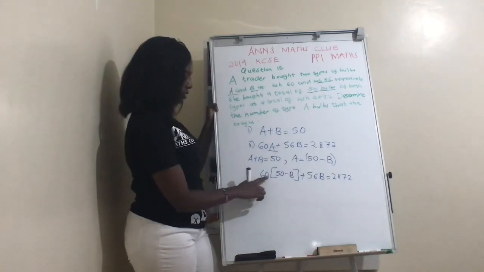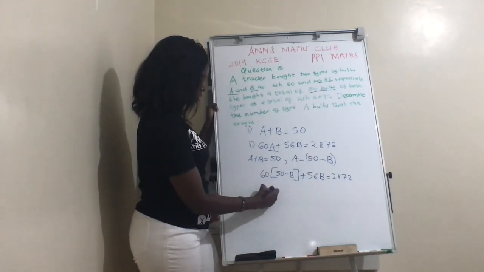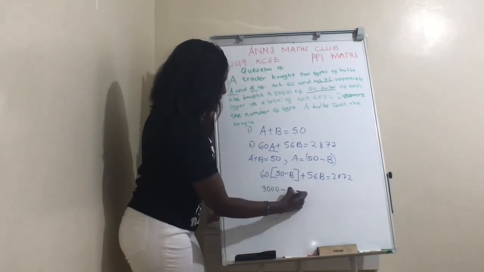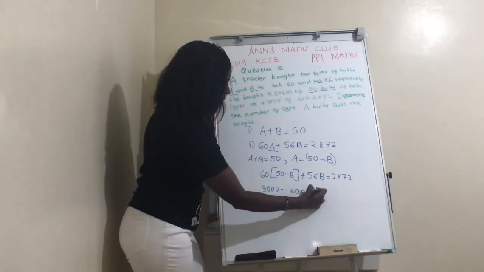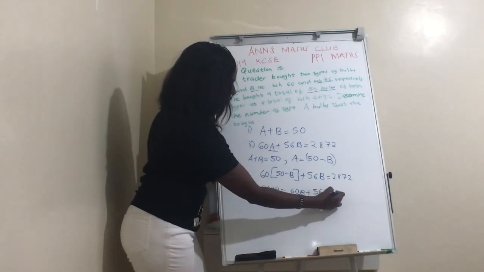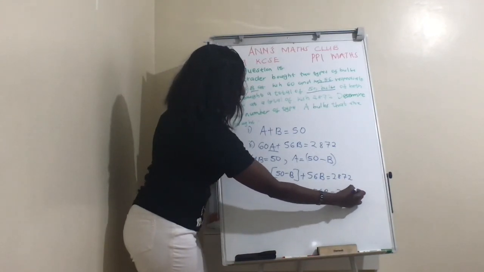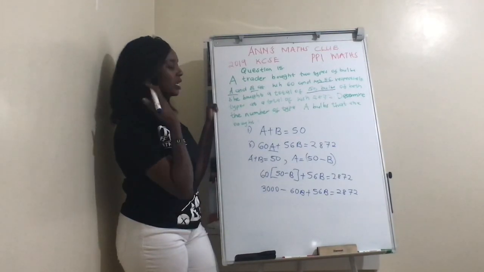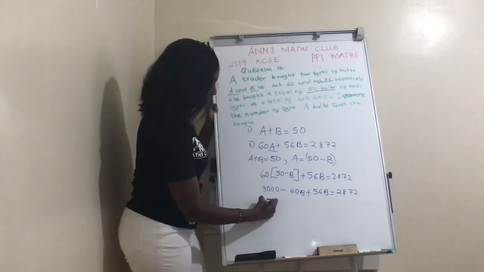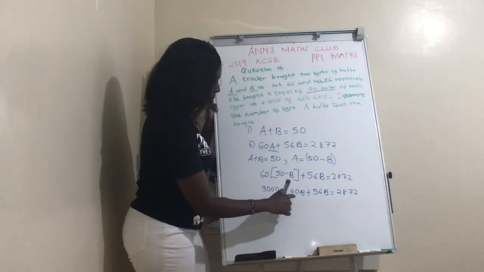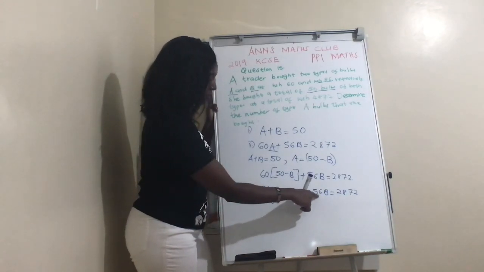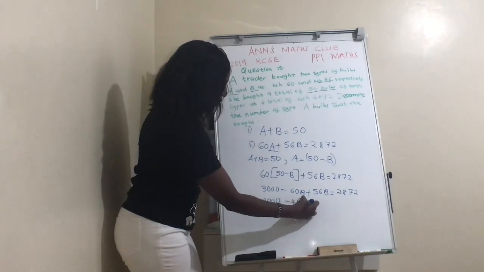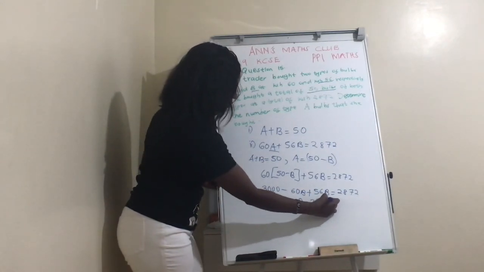So 60 times 50 gives us 3,000, minus 60 times B, 60B, plus 56B is equal to 2872. As you can see now, we can collect and put the items together. This gives us 3,000 minus 60 plus 56, you're left with minus 4B is equal to 2872.